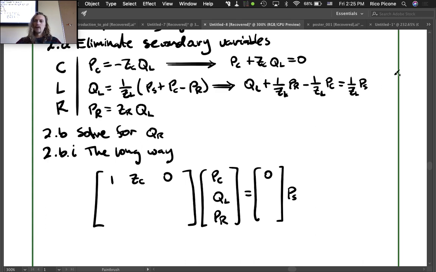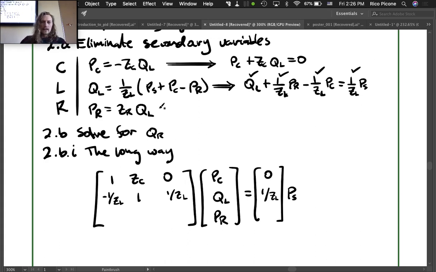So transcribing this, I have negative 1 over ZL PC from this term. 1 QL from this term. And 1 over ZL PR from this term equals 1 over ZL PS from this term.